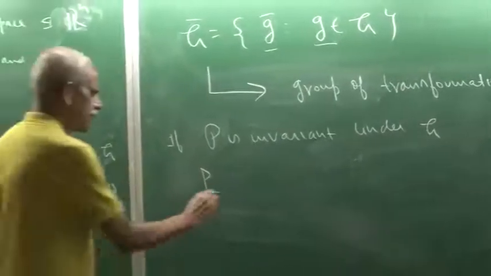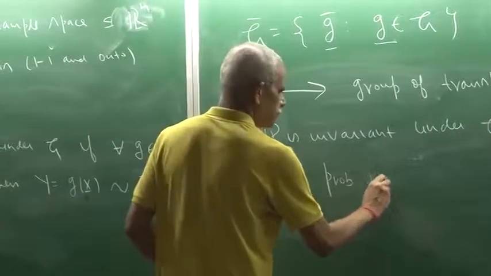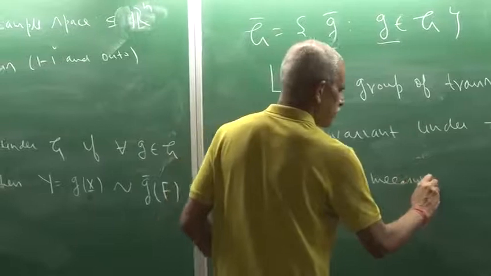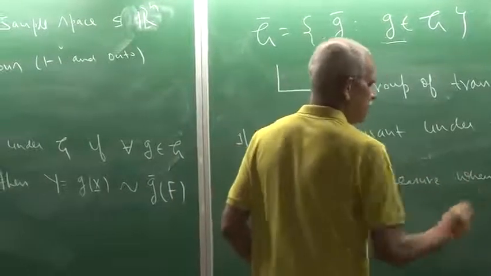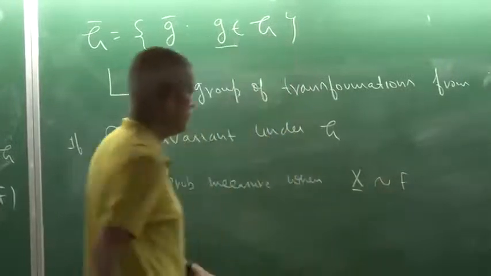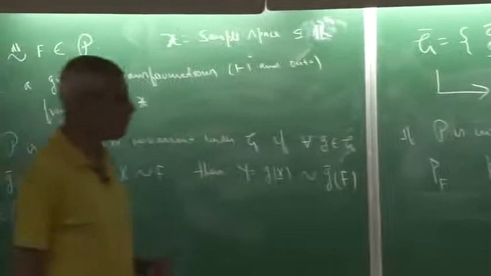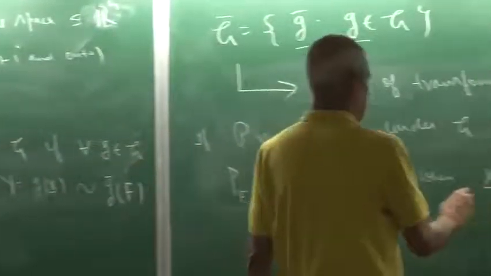So P_f would stand for the probability measure when X has distribution function f. And my x is a generic random variable.